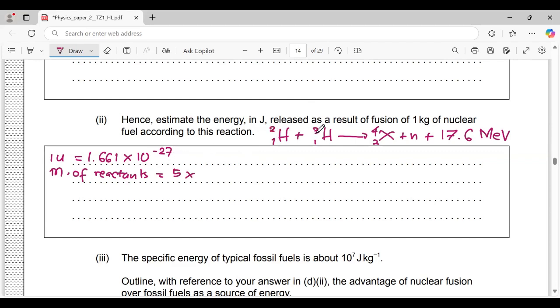This is 2, this is 3, this is 4. There is 1 here of n.